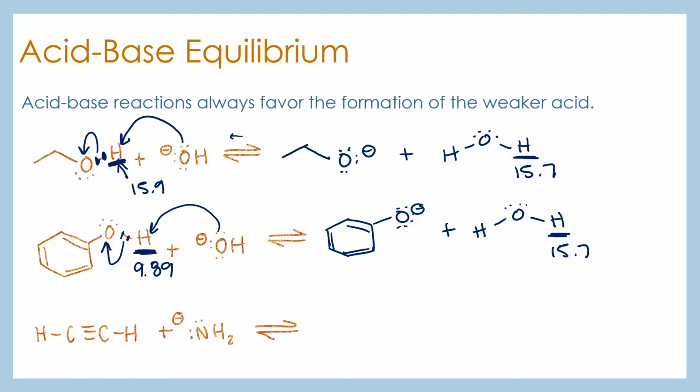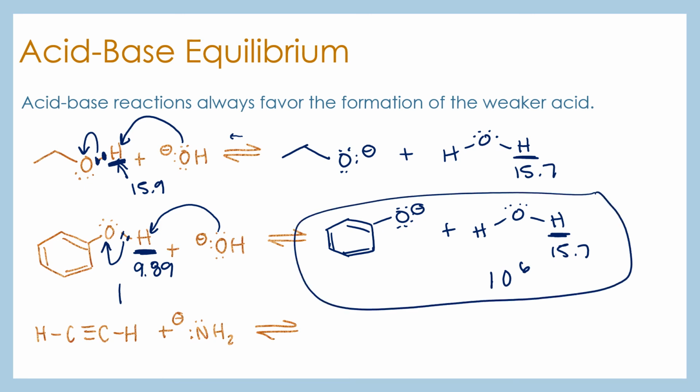And remembering that these pKa values are on a logarithmic scale, that means that this one is 10 to the 6th less acidic. So for every 1 molecule of phenol, we're going to end up making 10 to the 6th of water. So this side is much more favored.